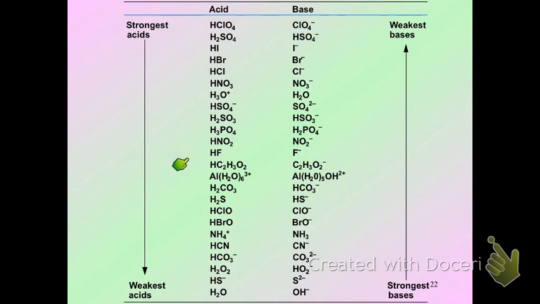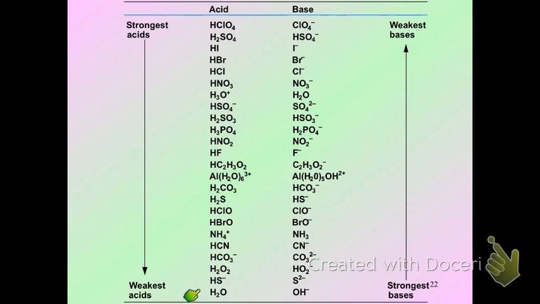If it's HClO versus HClO4, HClO4 is the stronger acid. HClO3 and HClO2, even though they're not on here, where would you predict they would be? In between there somewhere, because of the degree of resonance that each one has and the charge distribution that each one can have.